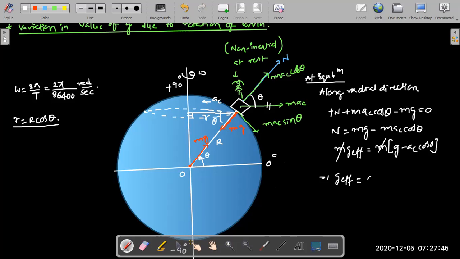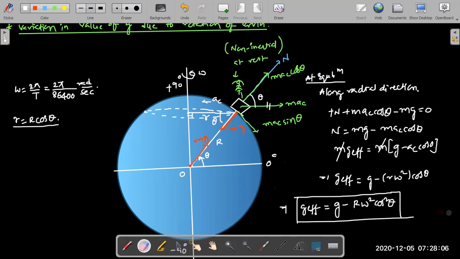So g effective is g minus a_c cos theta, which is nothing but r omega square cos theta. But what do you know about the value of small r? Small r itself is R cos theta. So this implies that g effective is equal to g minus R omega square cos square theta.